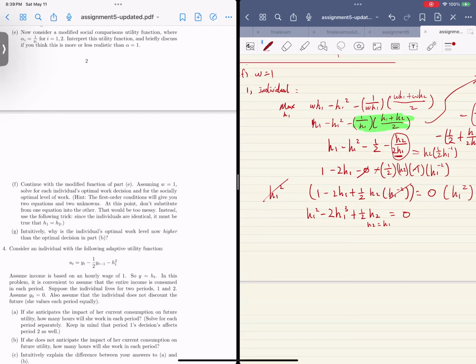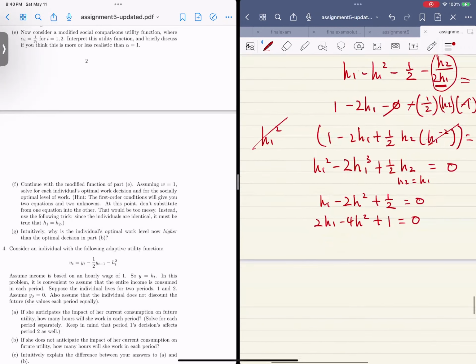Let's take off one H1, so H1 minus 2H1 squared plus 1/2 equals 0. Multiply by 2: 2H1 minus 4H1 squared plus 1 equals 0.